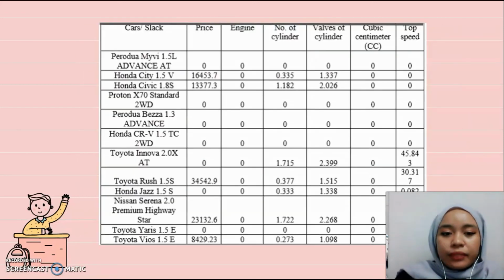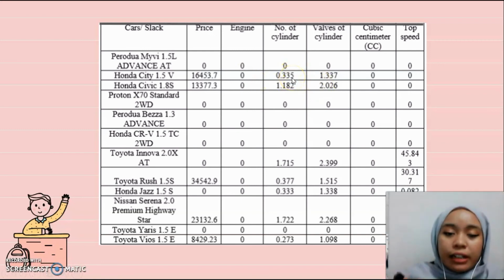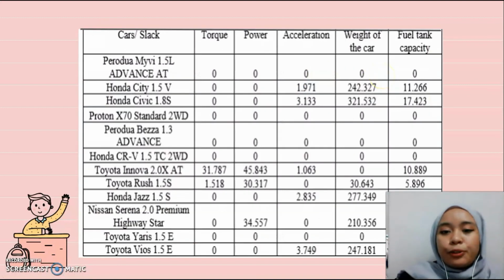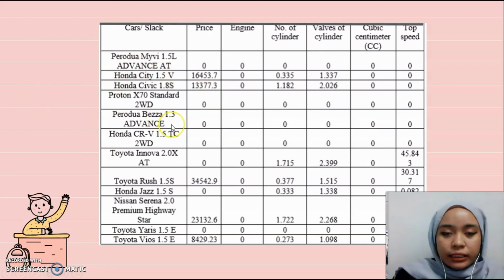Meaning that later on, if we want to make Honda City efficient, we need to change the value of price, meaning we need to increase or decrease the price, increase or decrease the number of cylinder, and the valve of cylinder. Same goes to others: acceleration, weight of the car, and the fuel tank capacity. It is applied to other cars also, which gives an efficient value.